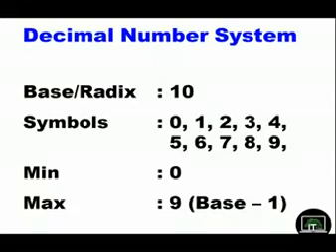Basically, the number system will denote how many symbols are there. So, decimal means it should have 10 different symbols. So the base is 10. So the minimum number is 0. The maximum number will be base minus 1. You deduct 1 from the base, that is, the base is 10, then you get 9.